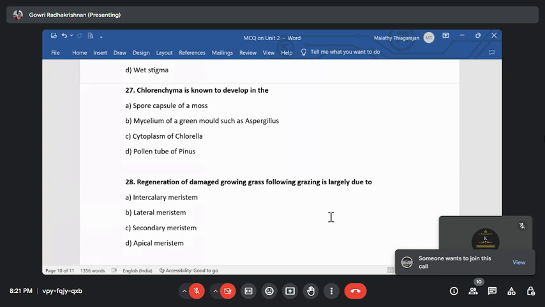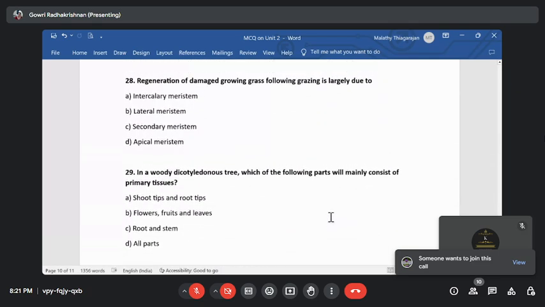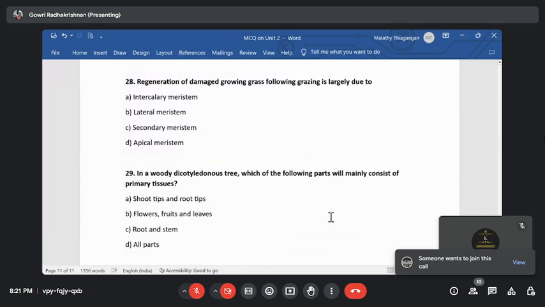No, not option C. Option A, spore capsule of a moss. 28. Regeneration of damaged growing grass following grazing is largely due to? Option A, ma'am. Yes. Intercalary meristem.